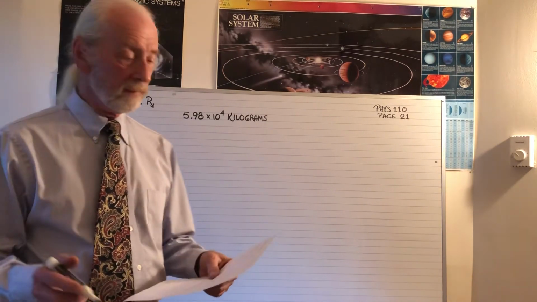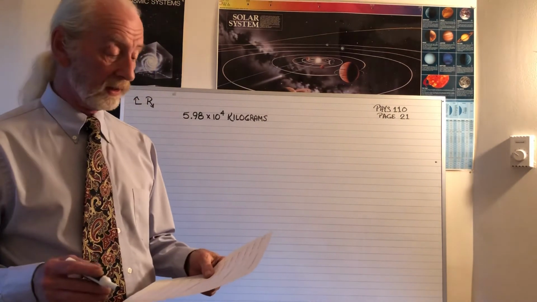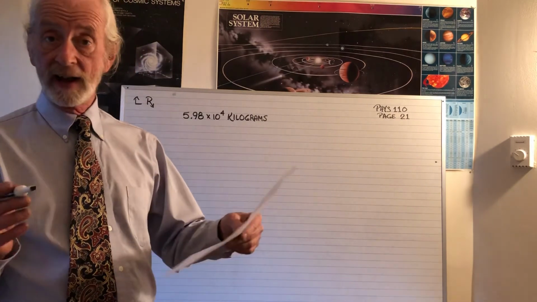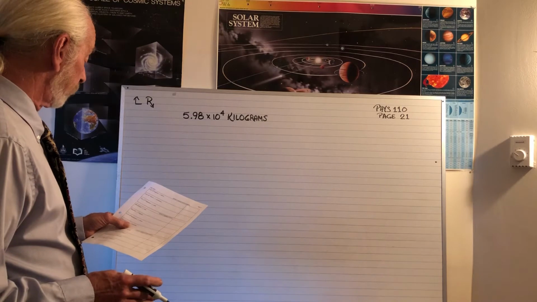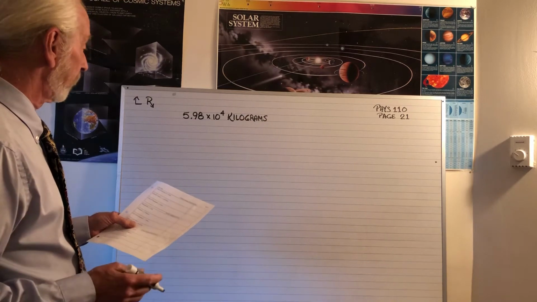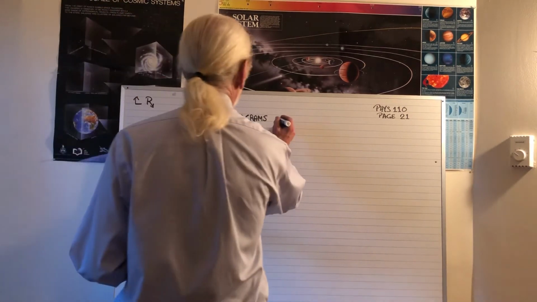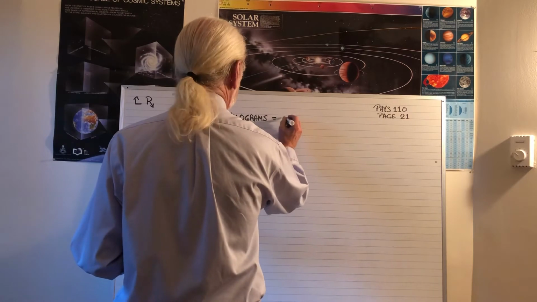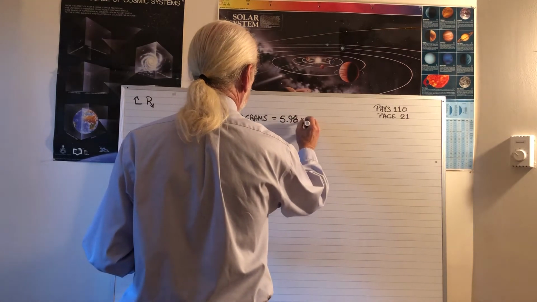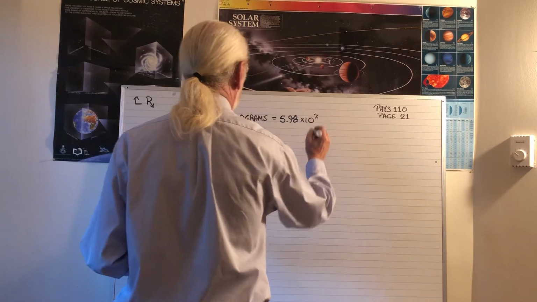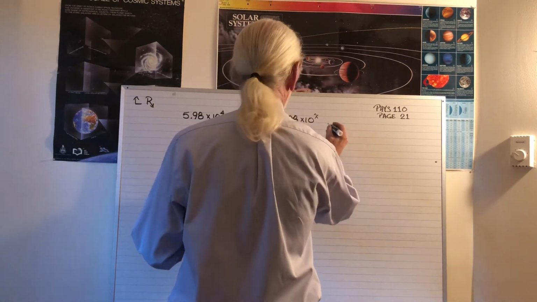All right, presuming that you have taken a crack at these examples on page 21, now let's go over them. So my first one is 5.98 times 10 to the fourth kilograms, and I want to turn that into grams. So I'll go equals 5.98 times 10 to the I don't know grams.